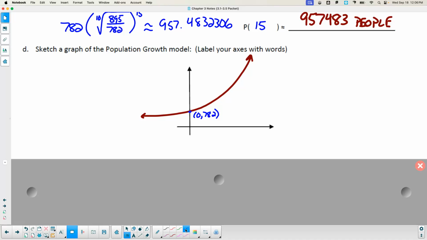It also said that we should label our axes with words. So what would the label be for our horizontal axis? Very good. Years since 1990.